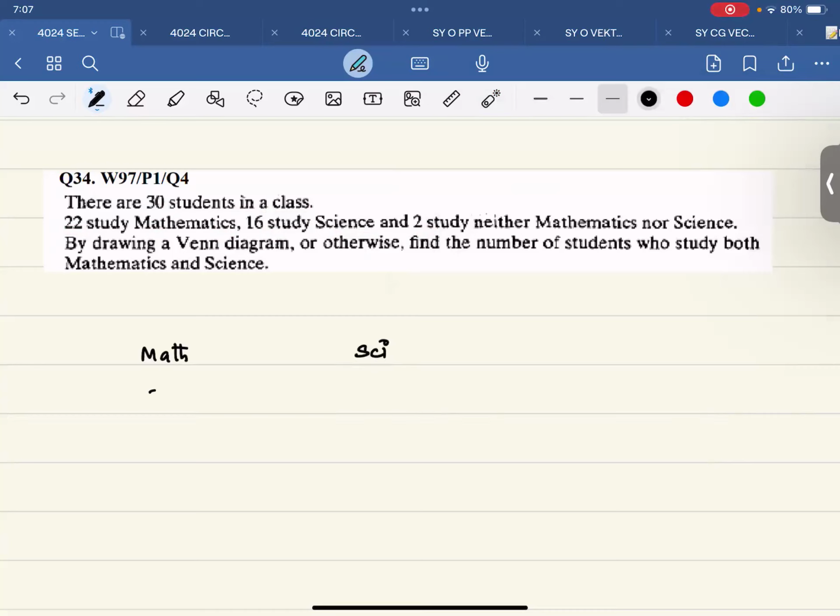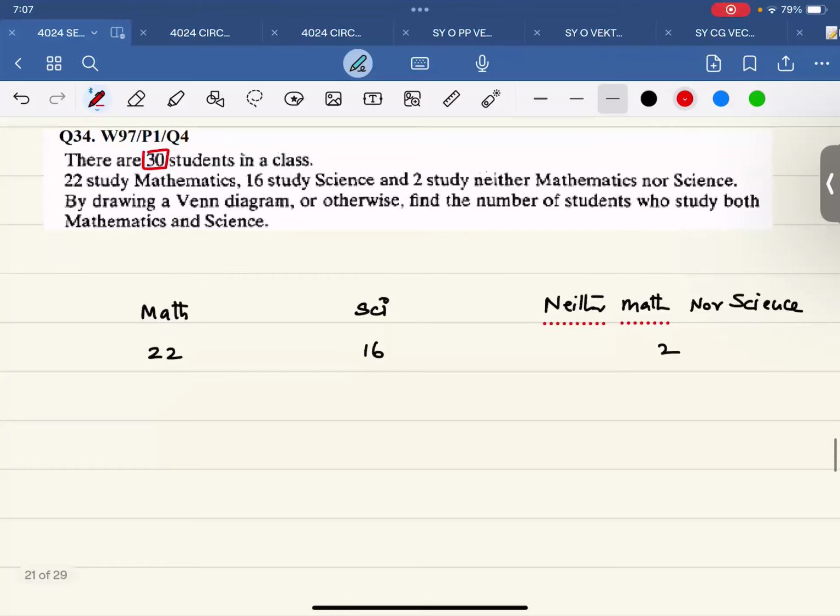There are 22 who study math, 16 study science, and 2 people study neither of these 2 subjects. Altogether, there are 30 students in this class. By drawing a Venn diagram or otherwise, find the number of students who study both math and science.